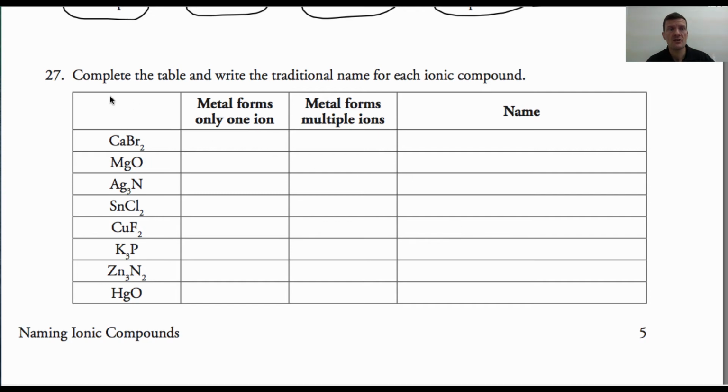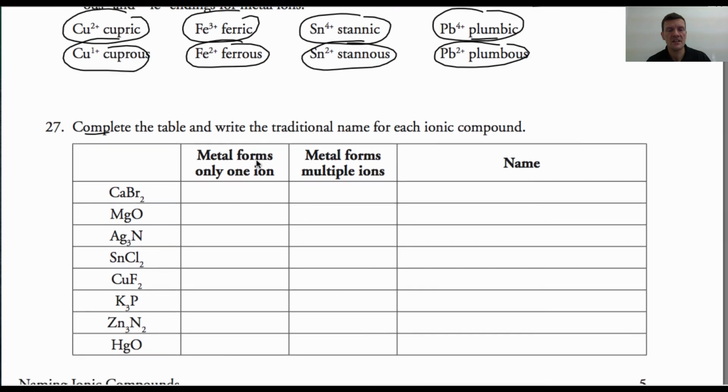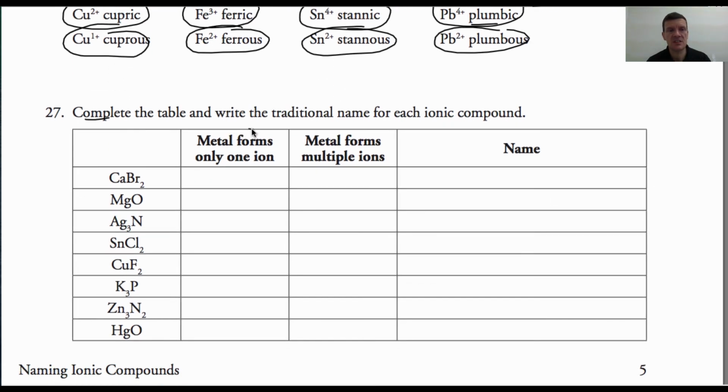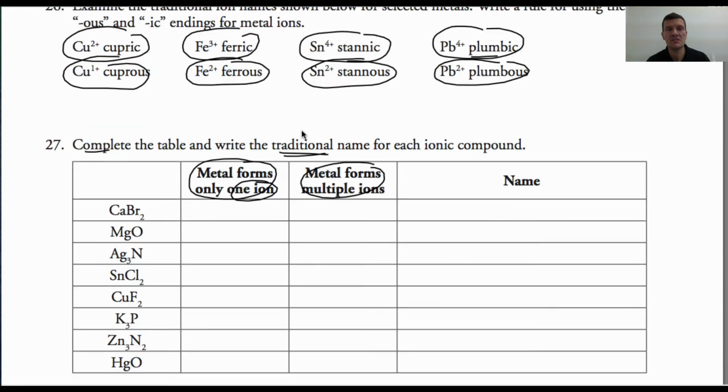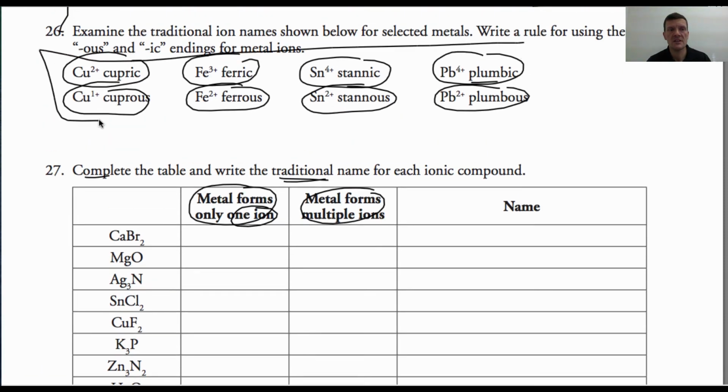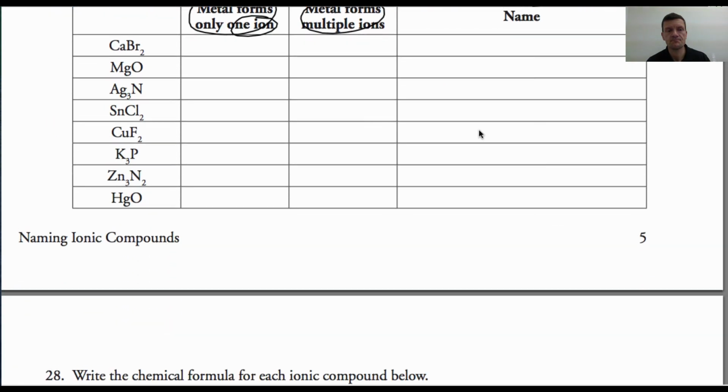All right, and you can try these here using these endings. Again, notice what they're asking you to do is first identify if it has just one ion for the metal or if it has multiple ones, and then use the more traditional name if it does have multiple ones. And here's your cheat sheet right here. Okay, that's your cheat sheet.